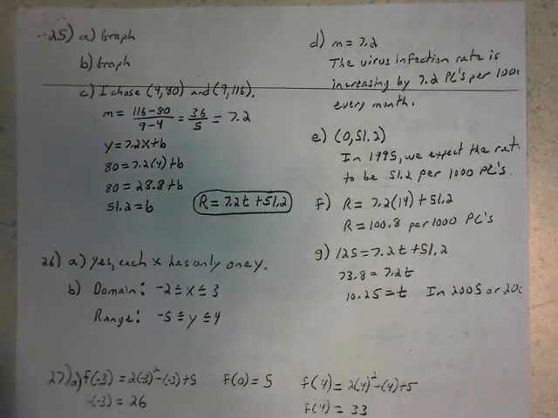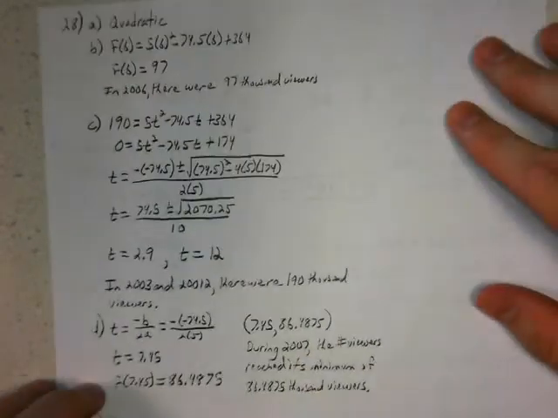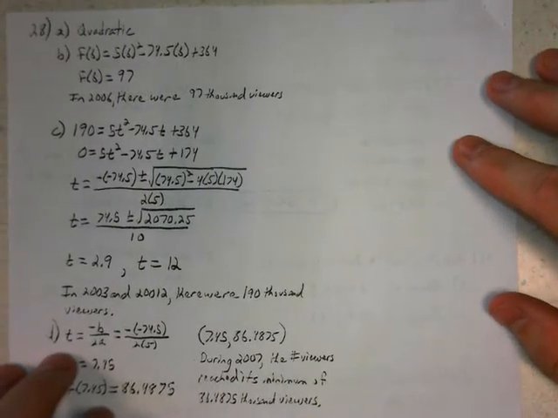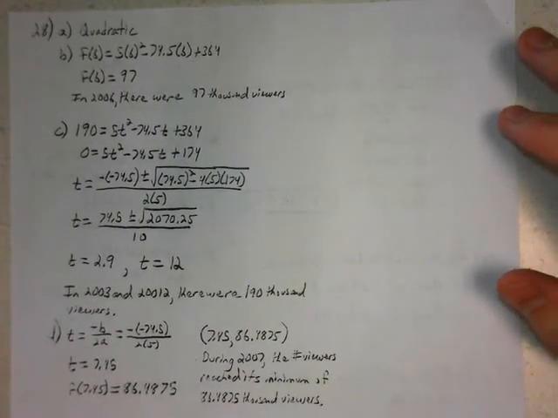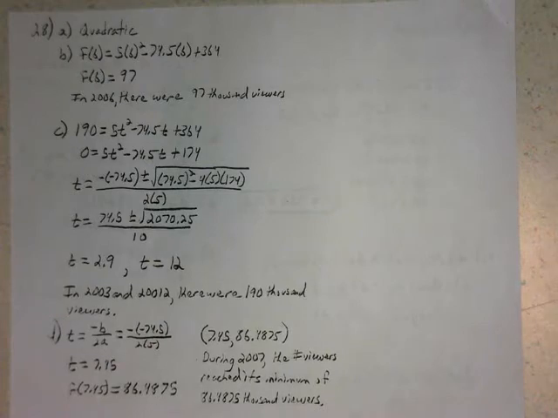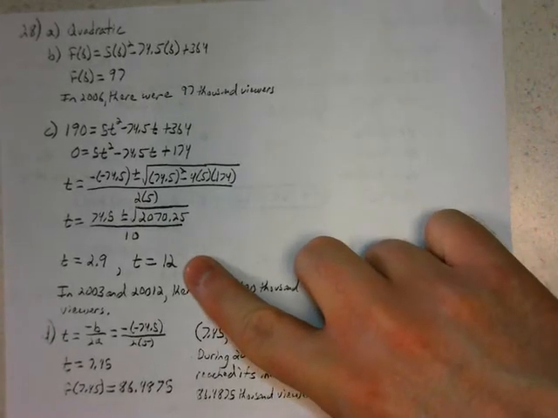It's here somewhere. Okay, 28 is a quadratic function. The first one, f of 6, you plug 6 in for the t value. And then part C, if f of t equals 190, you set your equation equal to 190 and solve it. You use the quadratic formula on this one, and you get answers of 2.9 and 12.